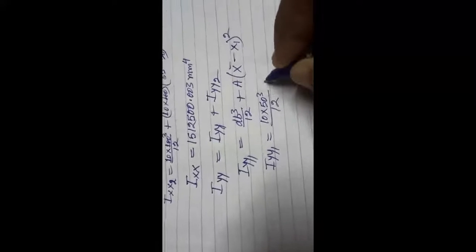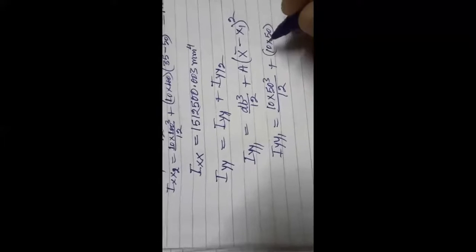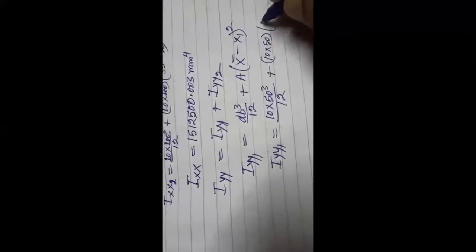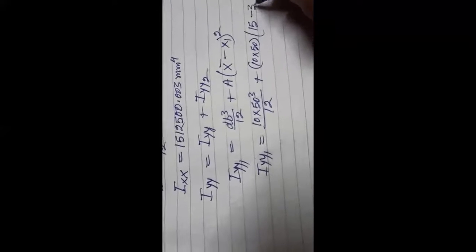So Iyy1 is 10 into 50 cube divided by 12 plus 10 into 50, and this x bar is 15 and x1 is 35.